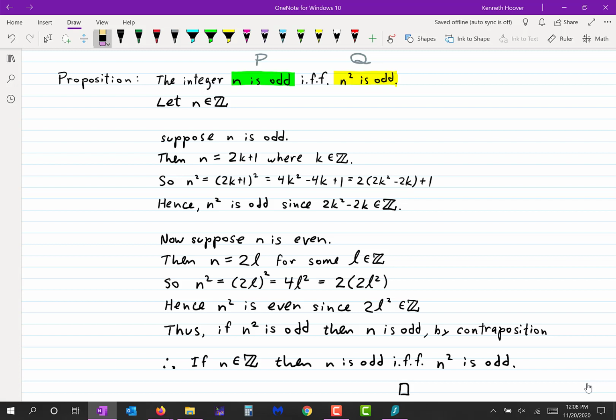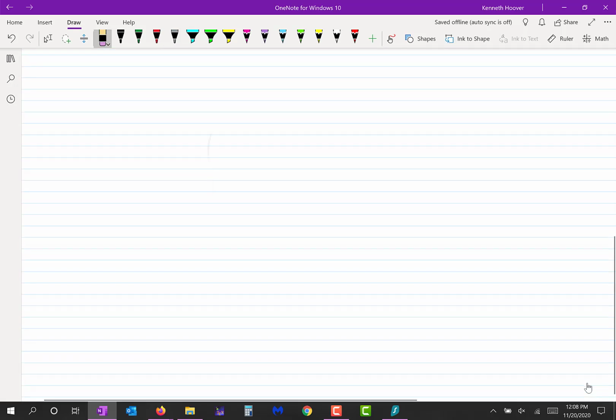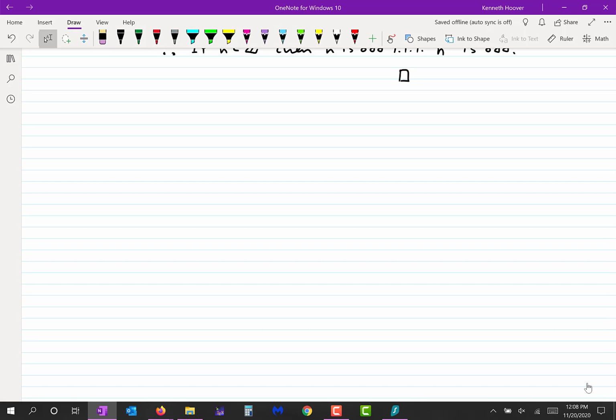You don't normally see the phrase is equivalent to used when there's only two statements, but you often see it when there's multiple statements. So here's a really good example. It's a long proof from linear algebra.